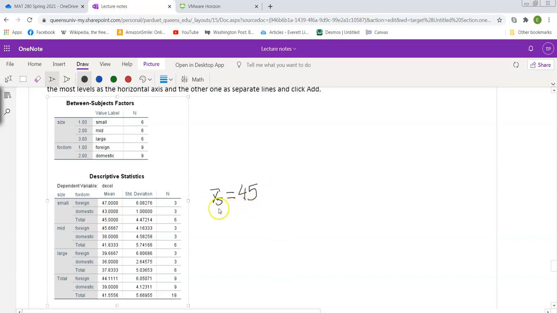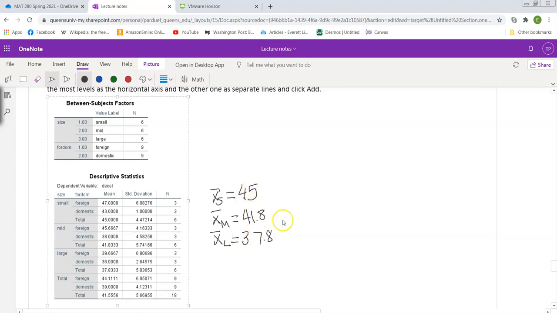And you can see the standard deviation there. You can also see for mid-size it was 41.8. And then for large, it is 37.8.